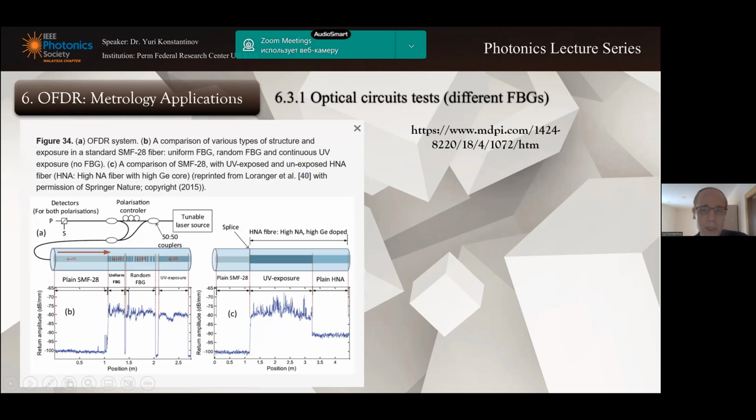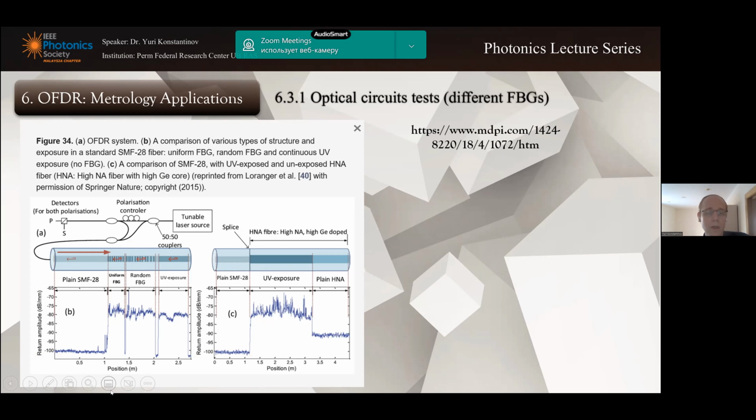So, another OFDR system, which is testing FBGs, different FBGs prepared by different procedures. We can see that here we have not a Michelson interferometer, but a Mach-Zehnder interferometer. And also we have the polarization controller, which helps us to control polarization, and a polarization beam splitter.